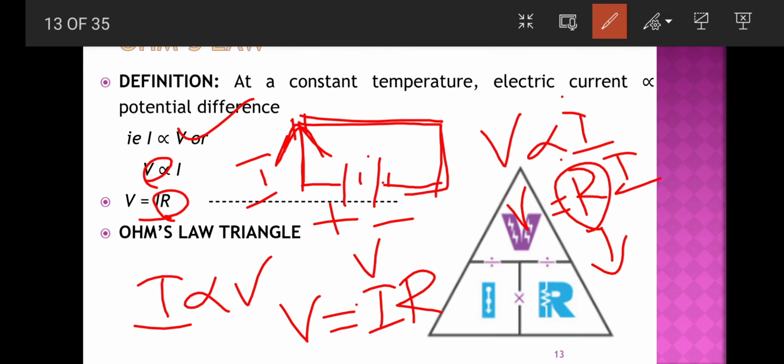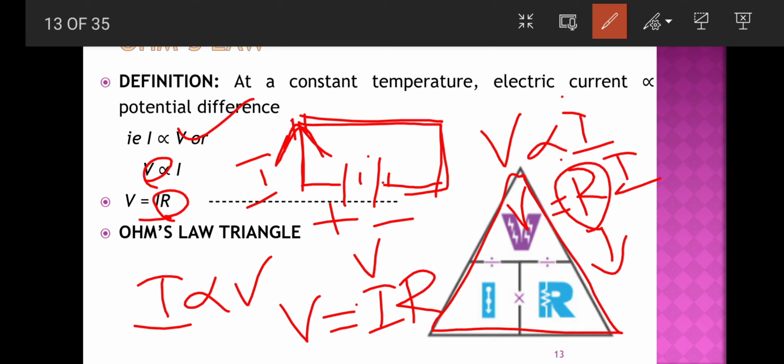How to remember this? Ohm's law: think of the Iyer, the person who chants Om in the temple. So V is equal to Iyer, that is V = IR, according to Ohm's law. See, this is a magic triangle.